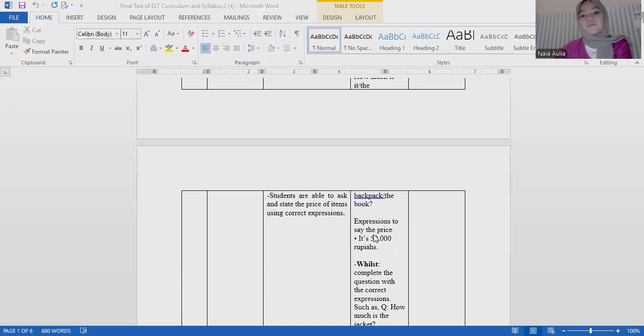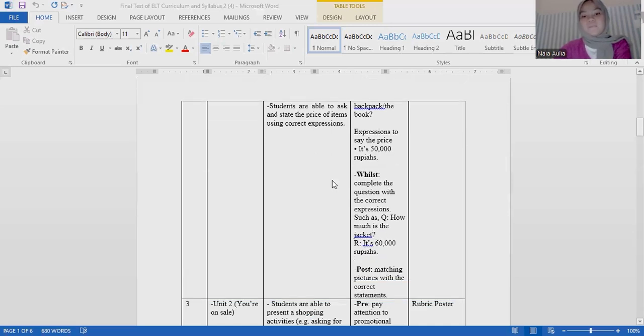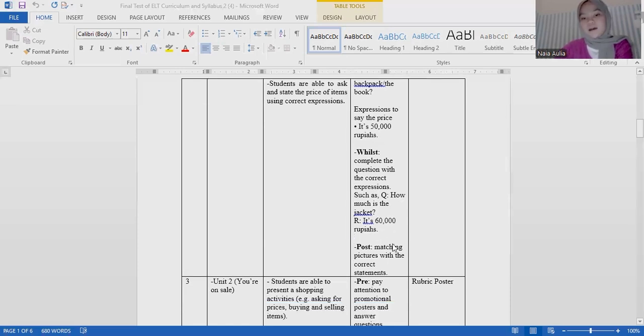For example, "It's 50 rupiah." In the whilst activity, they complete the question with the correct expression, such as "How much is the jacket?" and the answer is "It's 60,000 rupiah," and the students answer the question like the example. And the post-activity is matching pictures with the correct statements.